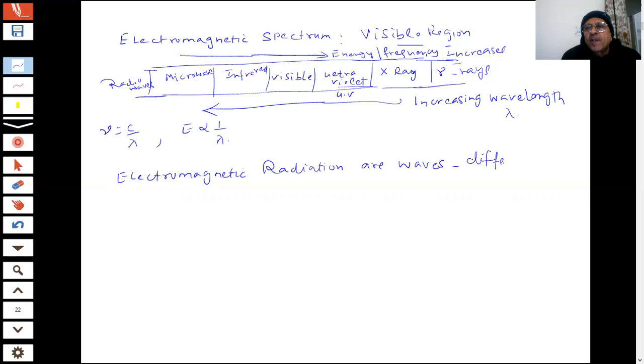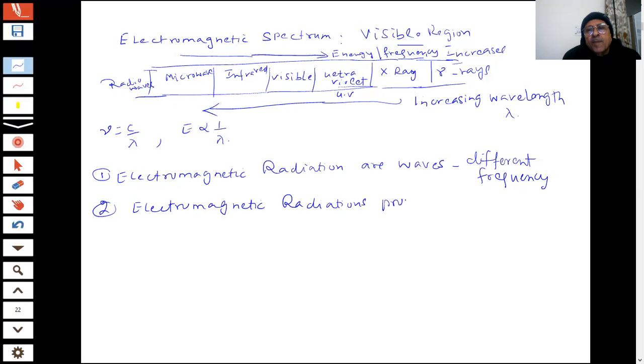One more interesting thing is that there are experiments to prove, students, that electromagnetic radiations have properties of particles also. They can behave as a particle also, and this is what we call photons.